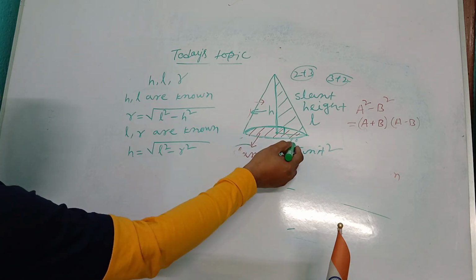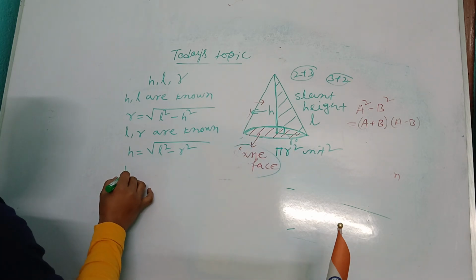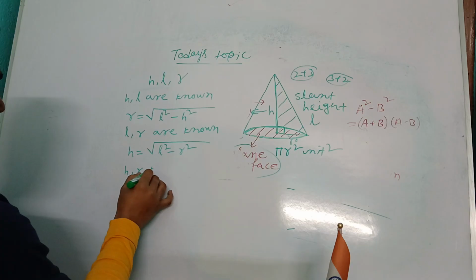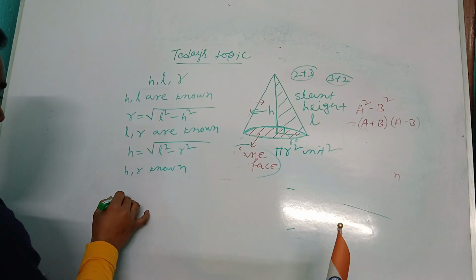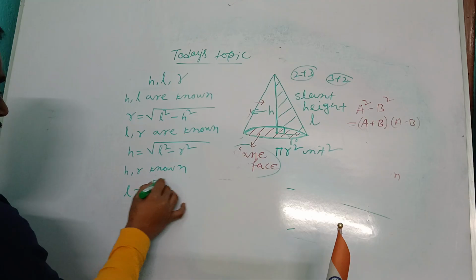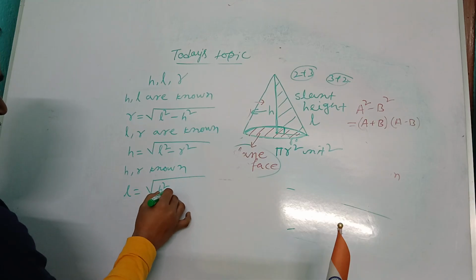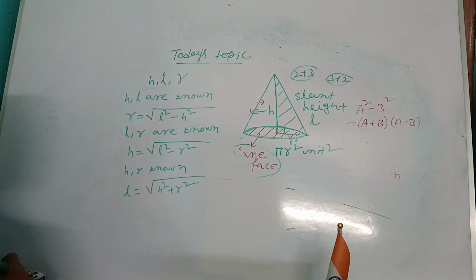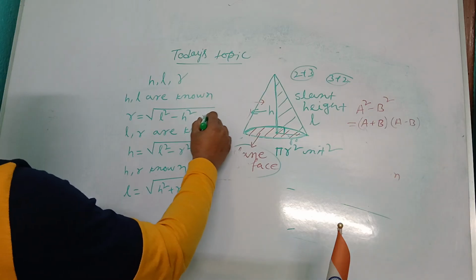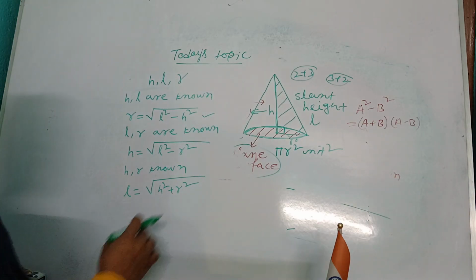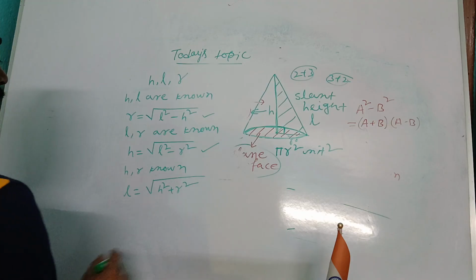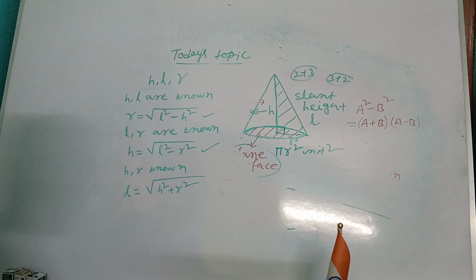When h and r are known, then l is equal to root of h square plus r square. And here we can use the identity: under root l plus h into l minus h, and here also under root l plus r into l minus r.